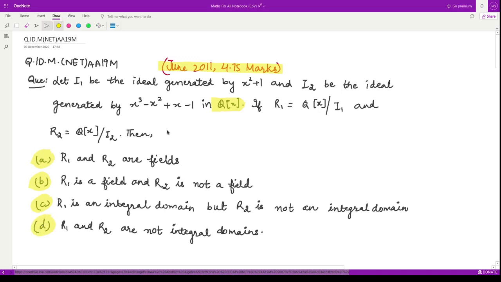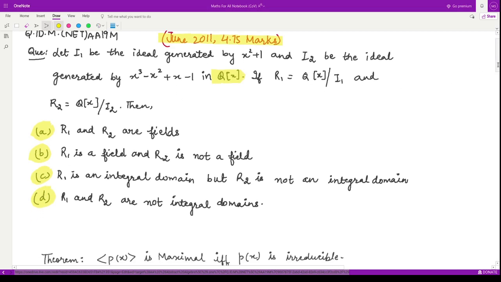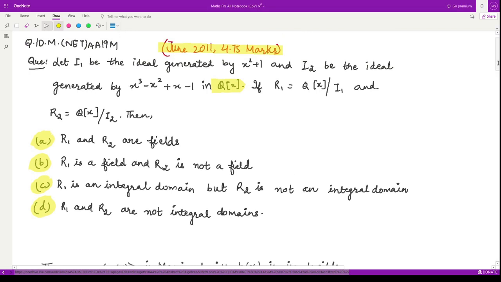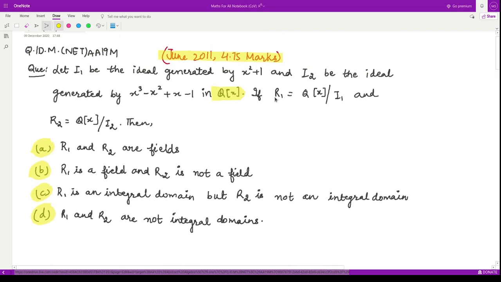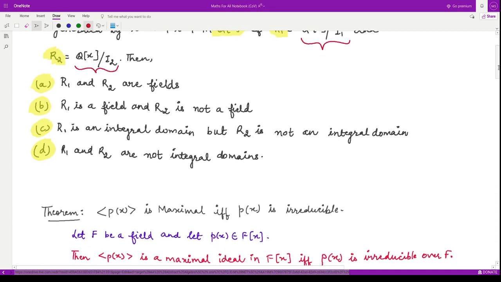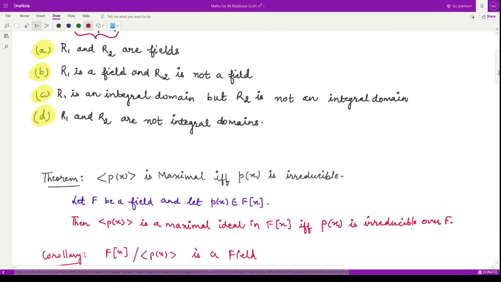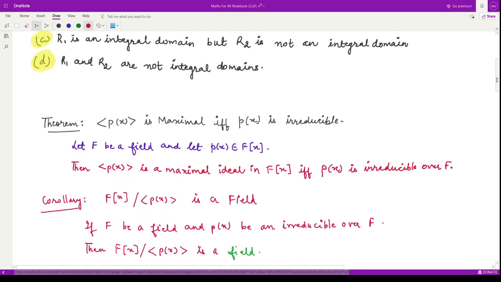So let us see a few results that we would need in order to check whether R1 and R2 are fields or integral domains or not. In order to check whether the quotient ring is a field or not, we have this result.